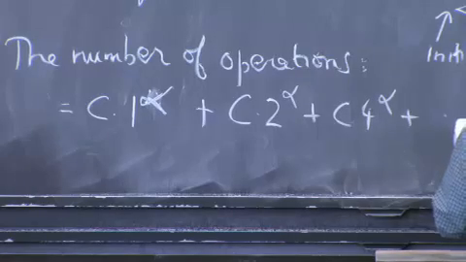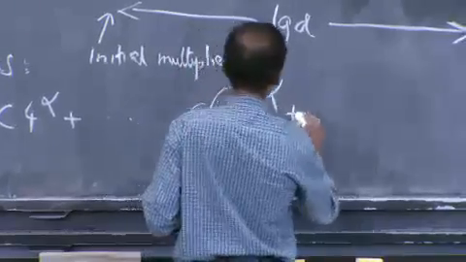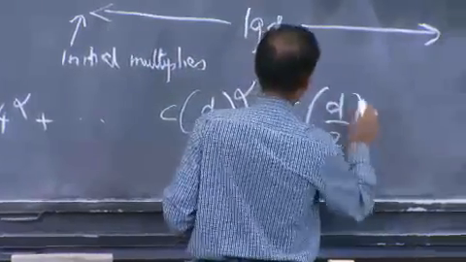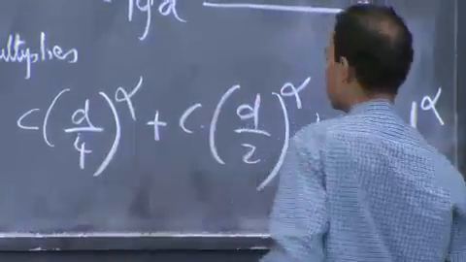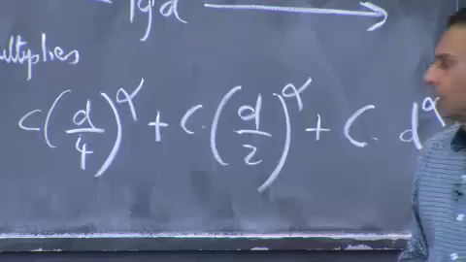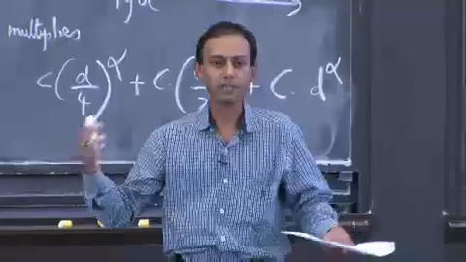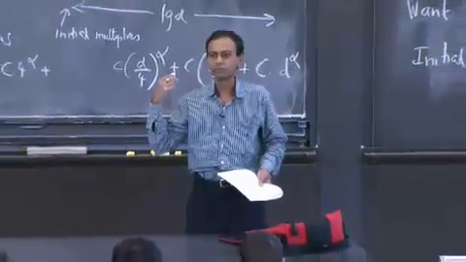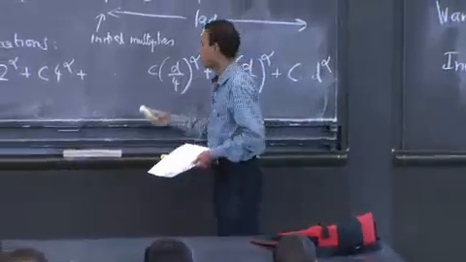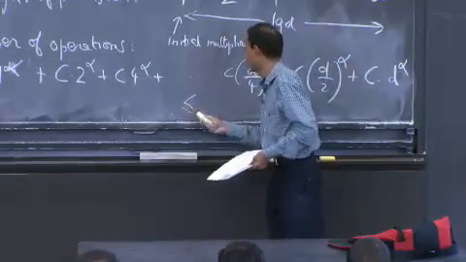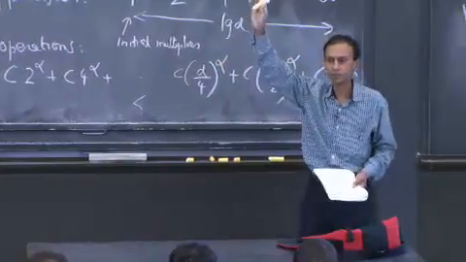And then out here, I'm going to have c times d by 4 raised to alpha plus c times d by 2 raised to alpha plus finally c times d raised to alpha. And someone give me a bound. Who wants to give me a bound on this? Less than or equal to? So let's just make it less than. Someone?